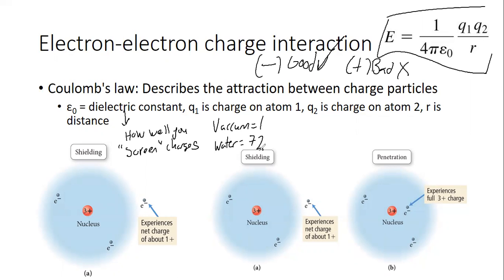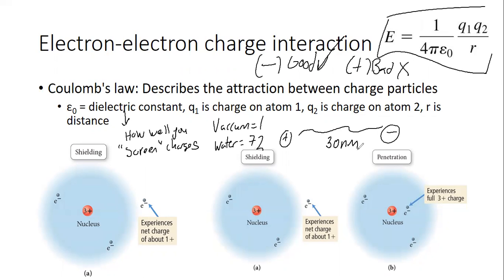You don't have to remember these numbers. What that means is that ions in water don't know each other exist. So if I take a positive charge and a minus charge, and I put them like 30 nanometers away, which is really far actually, they would not know they existed at all because all that water would be in the way that would screen or hide their charges. So that's what a dielectric constant is.